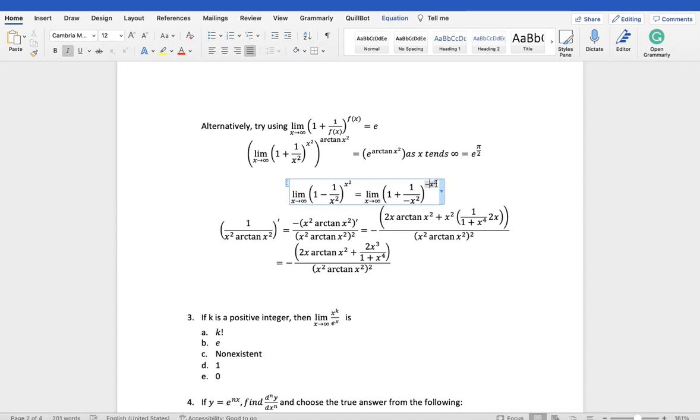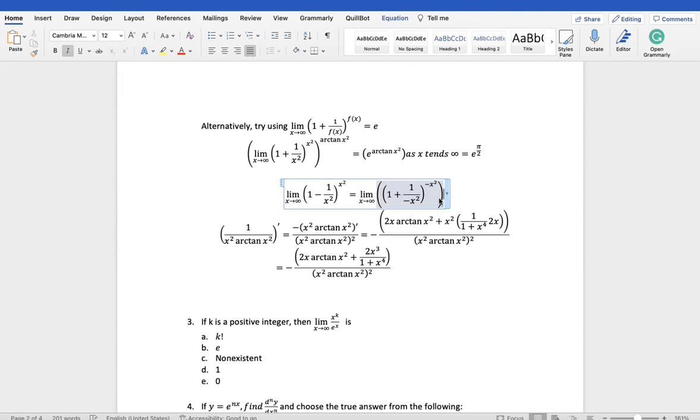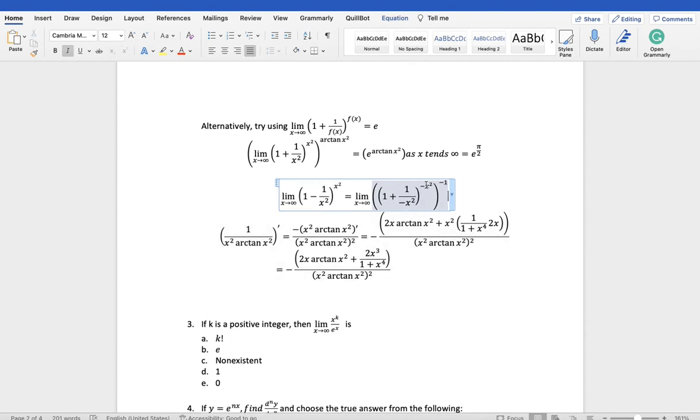So you put minus there, but then you also add some brackets, and outside those brackets you put another -1, so it can cancel with this -1 that you have here. Does that make sense?